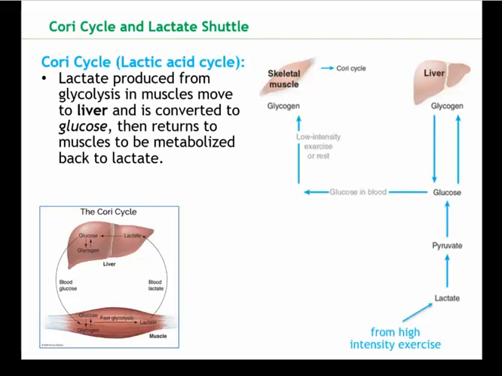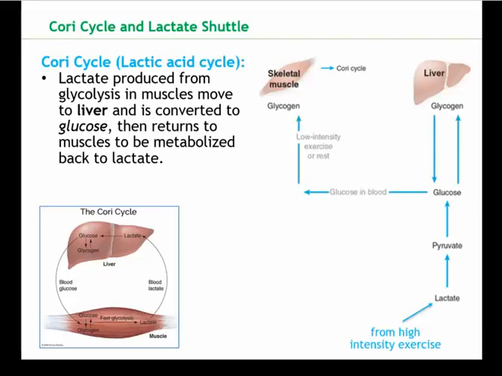Okay, next we want to talk about a system called the Cori cycle and then another one called the lactate shuttle. So first, the Cori cycle, also called the lactic acid cycle, is basically when lactate is produced by skeletal muscle and other tissues, it is transported to the liver to make more glucose.